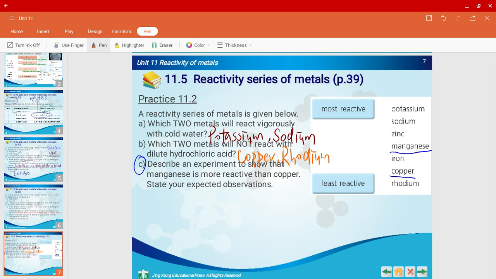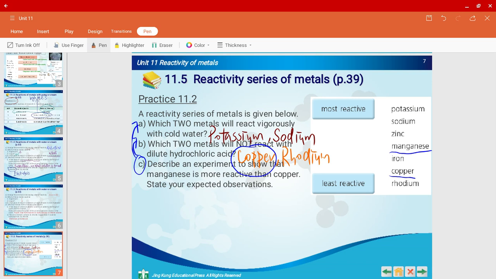One thing that I want you to know is, in case you don't know the answer to a question, most of the time the hints are actually in the previous questions. So question B is giving you a hint already. We know that copper is unable to react with dilute hydrochloric acid. So in this case, why don't we just do this experiment?